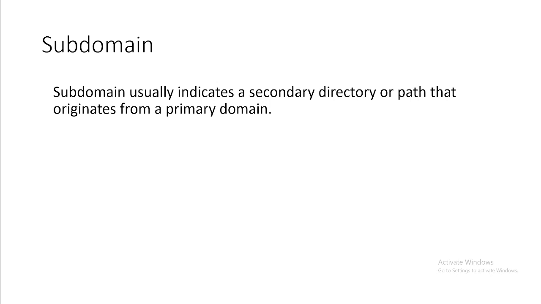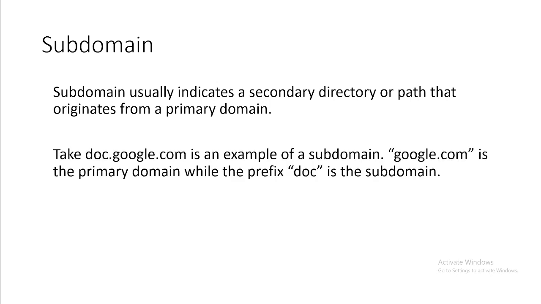Subdomain. A subdomain usually indicates a secondary directory or path that originates from a primary domain. Take doc.google.com as an example of a subdomain.